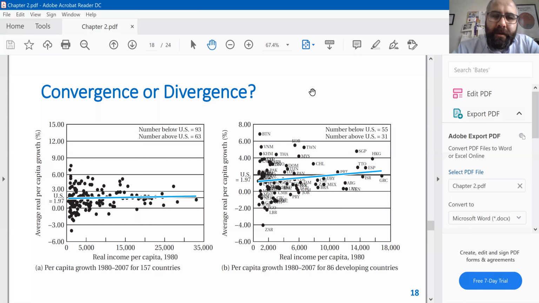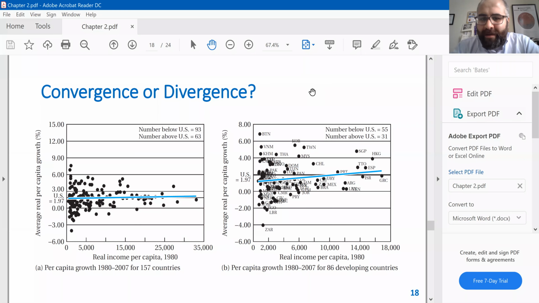Okay. So on the vertical axis, you see average growth rates. So these are kind of long run growth rates. I will explain more in a moment. On the horizontal axis, you see the income levels at some initial period. So here for these figures, this initial period is 1980.